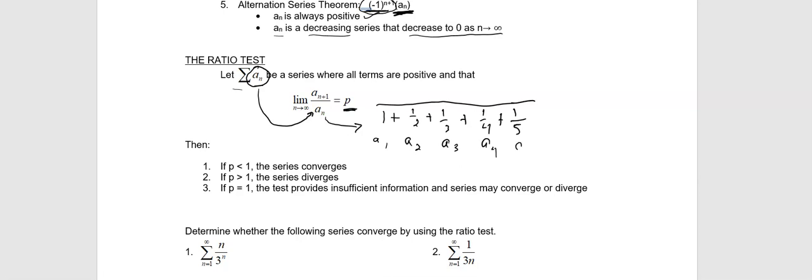So the easiest way to show this is, let's say a sub n is the harmonic series, and we're going to set up a fraction. The harmonic series we know is 1 plus 1 over 2 plus 1 over 3 plus 1 over 4 plus 1 over 5. So this is the first term, second term, third term, fourth term, fifth term, and so on and so forth. What the numerator is saying is, if n is a 1, then what we really get is a sub 2.